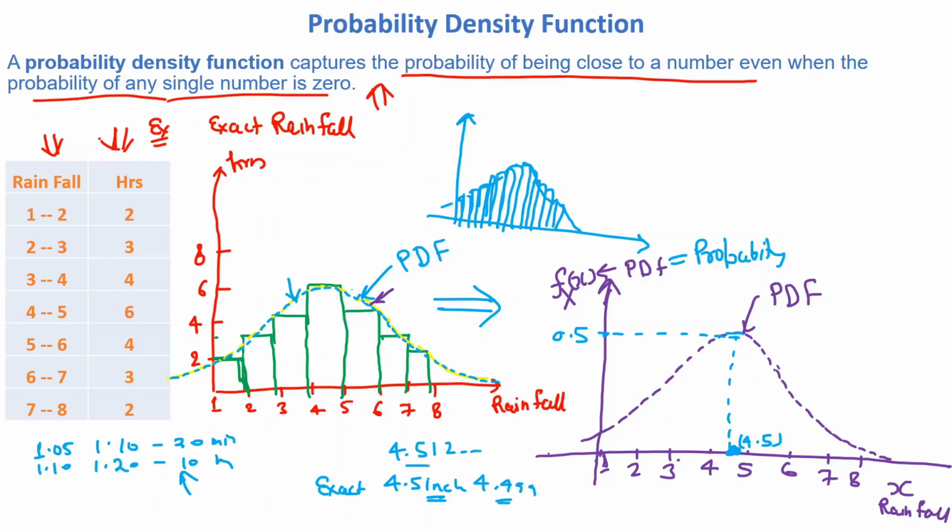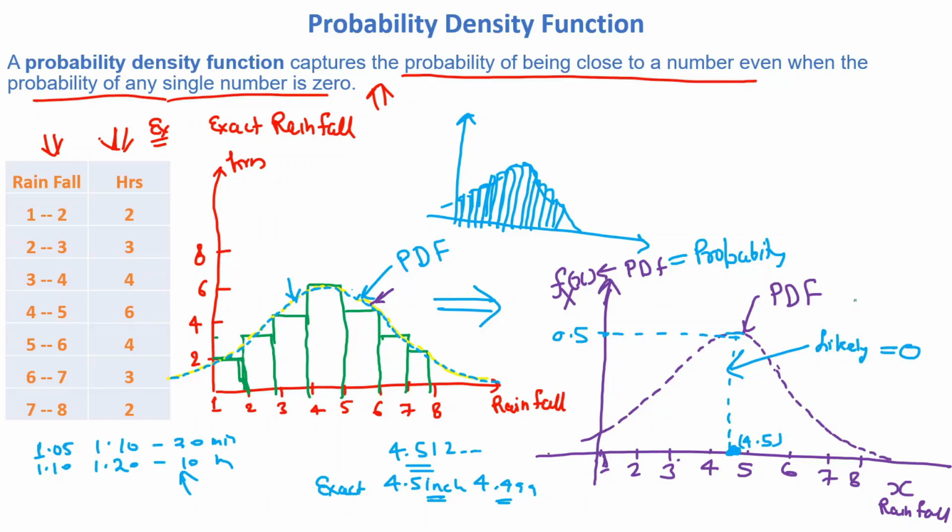You will get this type of measurement, but you will not be able to get exactly 4.5. If you are not able to get exactly 4.5, in that case, what would be the probability? It means you are not able to get any possible outcome. So the probability will be equal to 0.